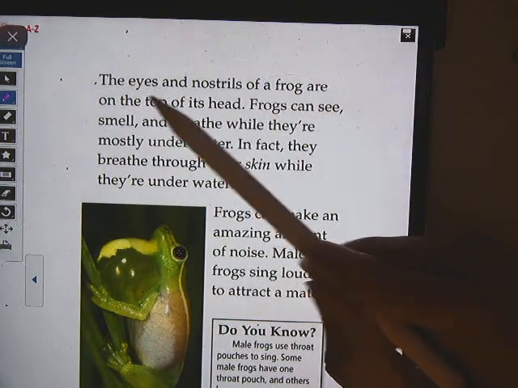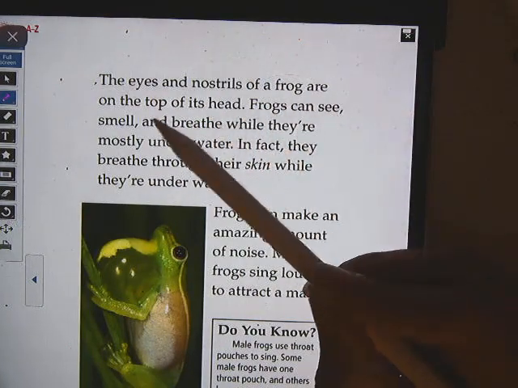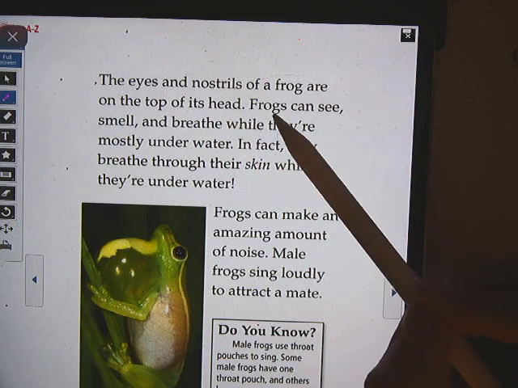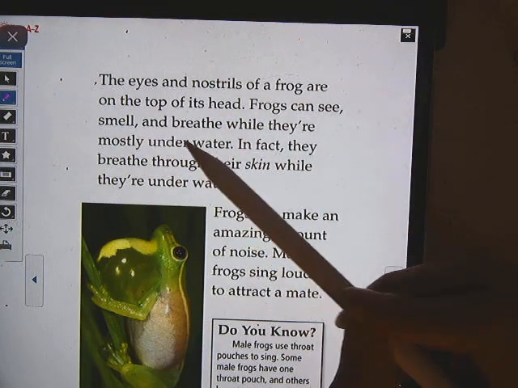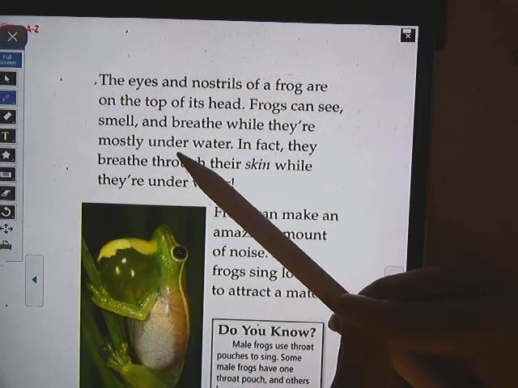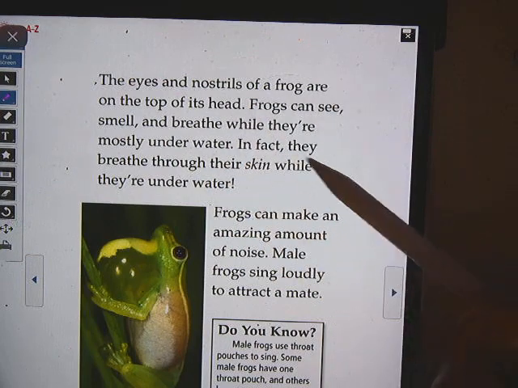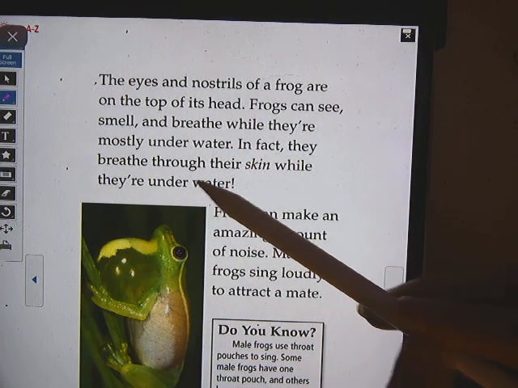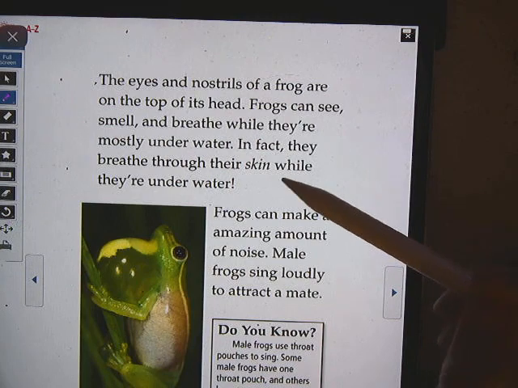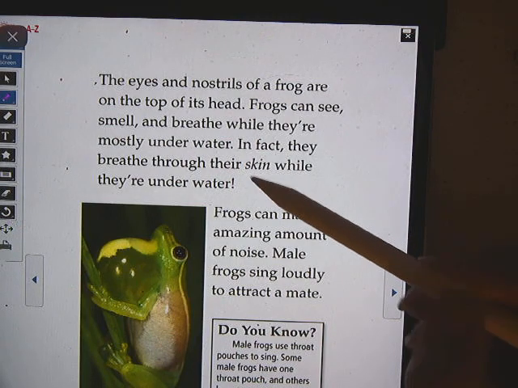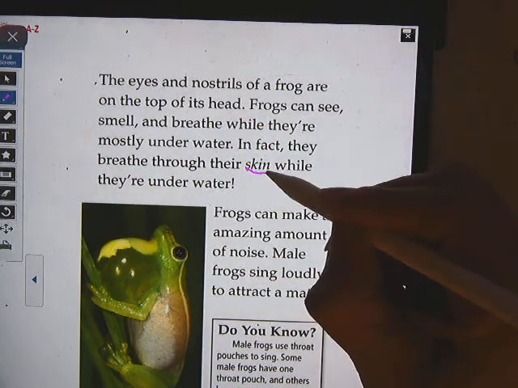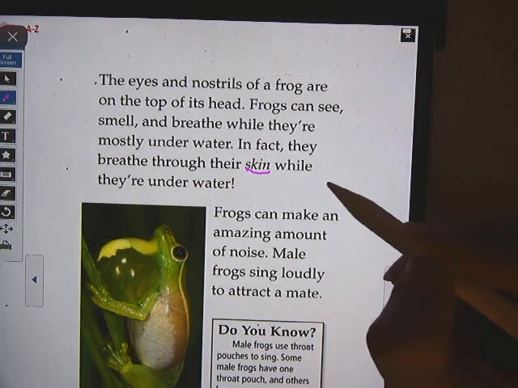The eyes and nostrils of a frog are on top of its head. Frogs can see, smell, and breathe while they're mostly underwater. In fact, they breathe through their skin while they're underwater. Wow. So do they breathe out of their nose when they're in water?